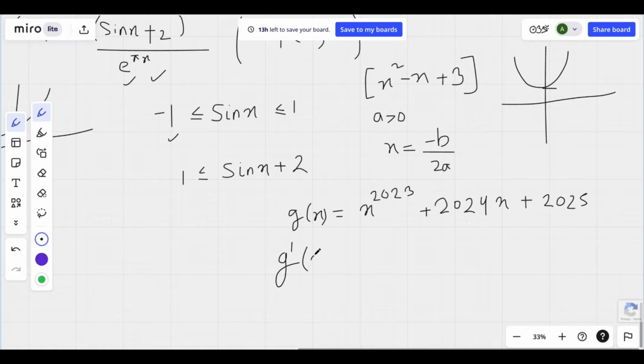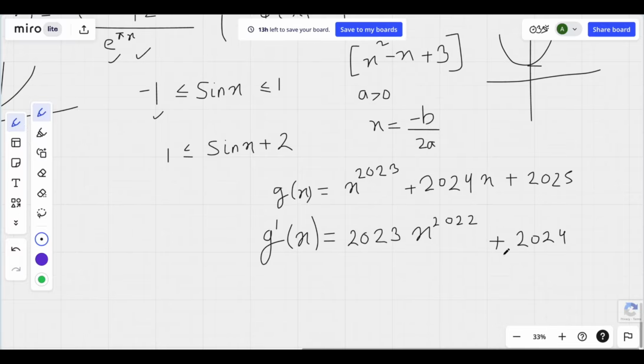The derivative is 2023 x to the power 2022 plus 2024.